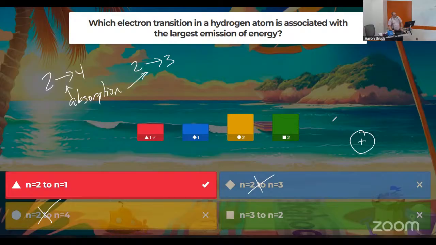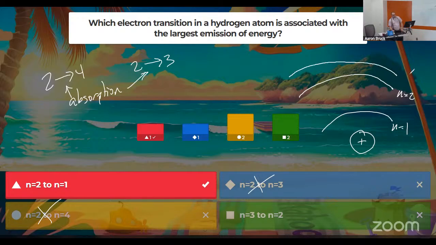So I imagine that this is my nucleus here. Here's my first energy level. What we have to understand is that the spacing gets tighter the further away from the nucleus that we get.